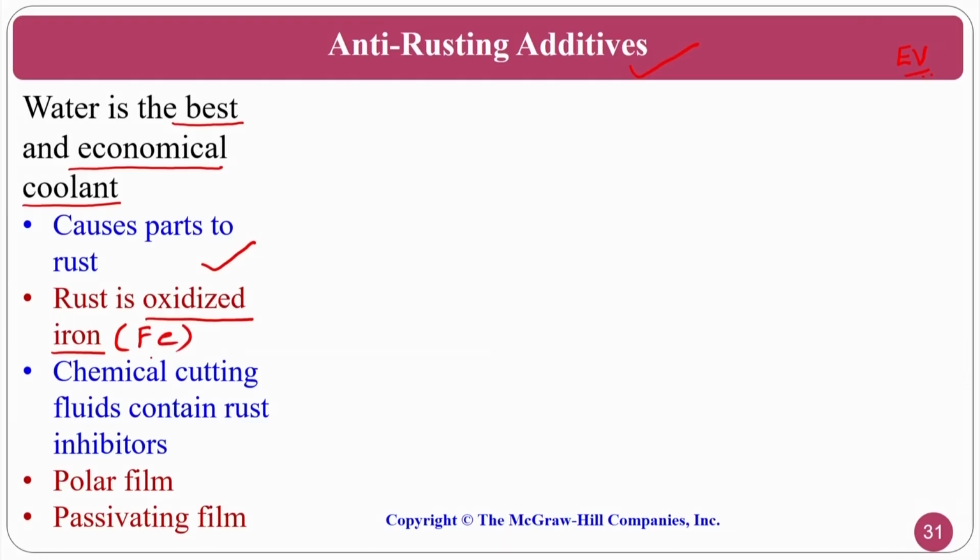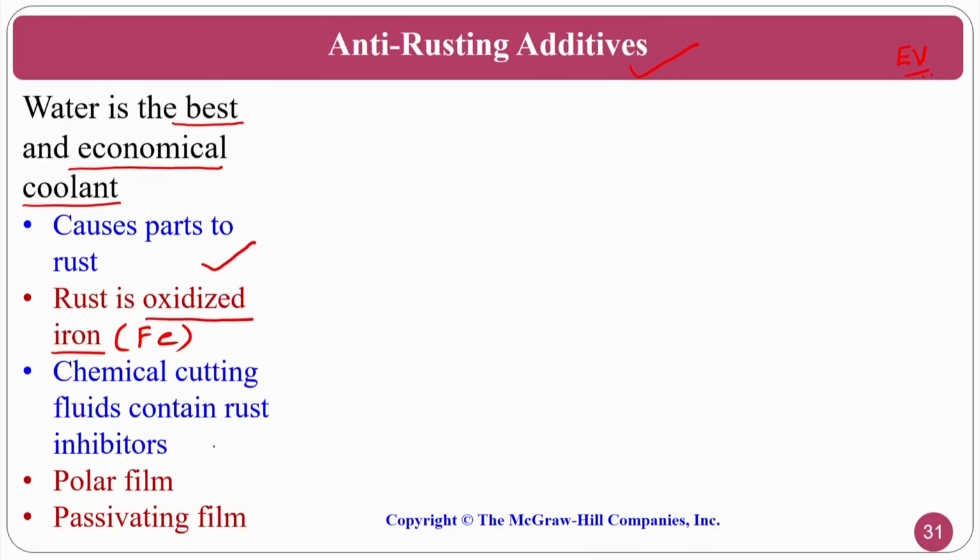If I am going to machine mild steel and use water as the cutting fluid, it will rust, because at high temperature when the water falls onto the surface, there is a possibility that the component will rust after some time. The chemical cutting fluids contain rust inhibitors.